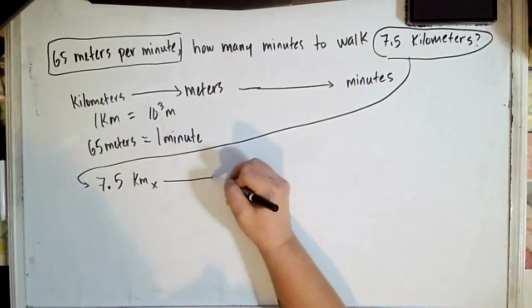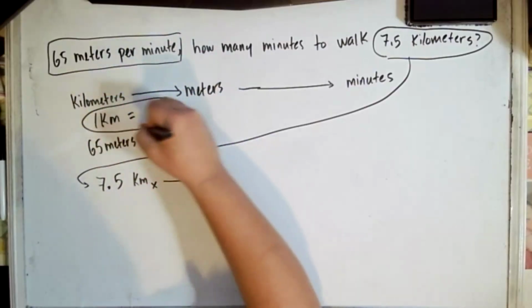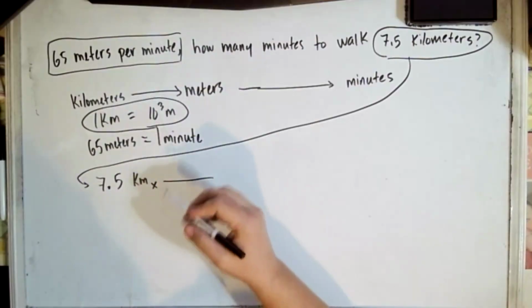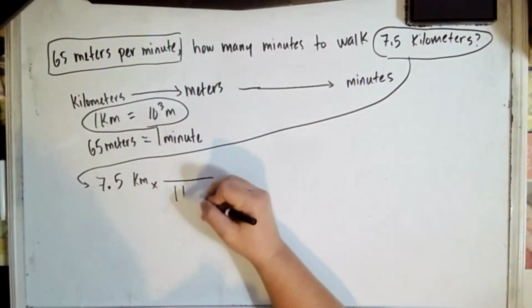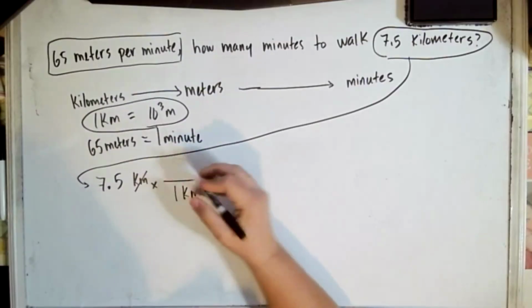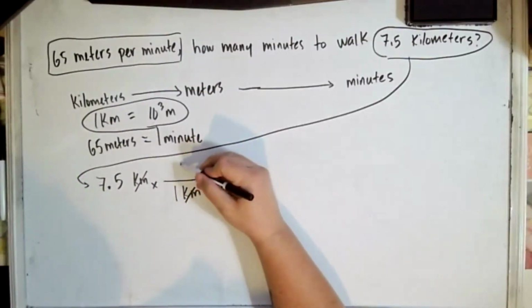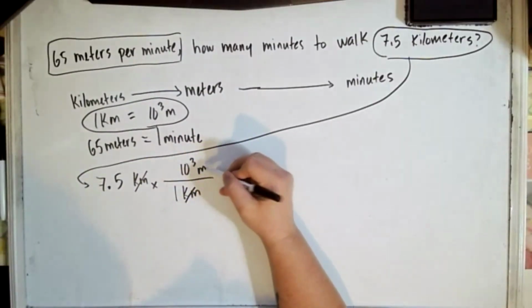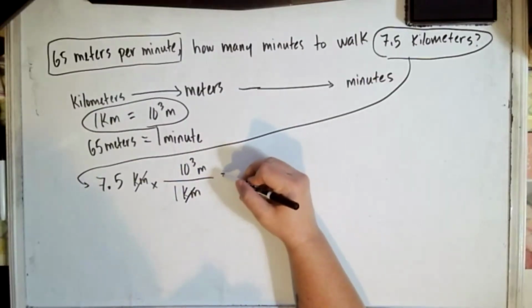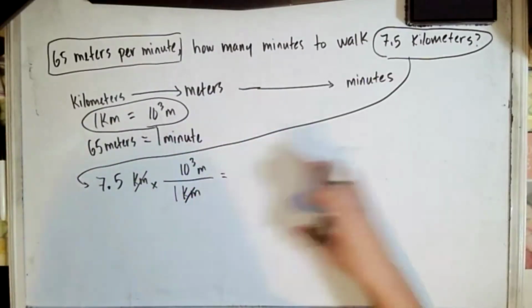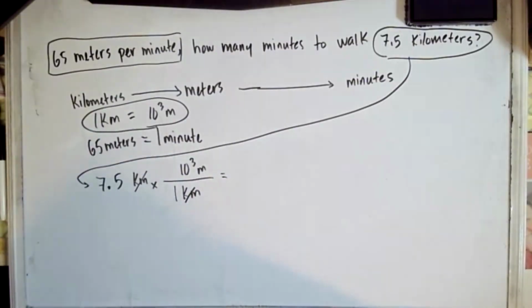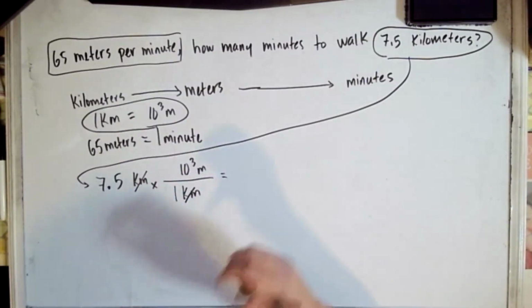And in our first conversion factor, we're going to use the equality that has our kilometers and our meters in it. So our 1 kilometer is going to go on the bottom so that our kilometer unit can cancel. 10 to the 3 meters up top. And again, you can write this out in one long thing, or you can go through and write it out separately if you're just not feeling super comfortable with this yet.